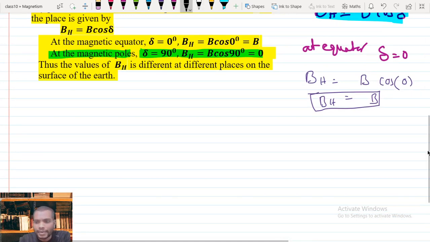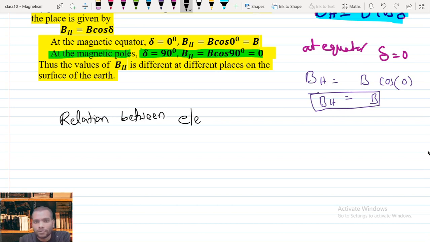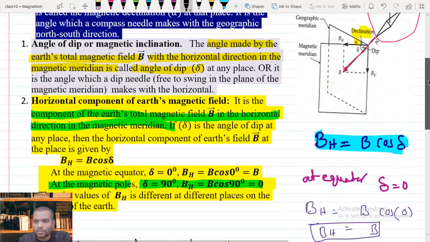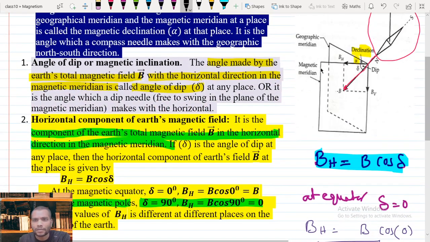Suppose I write the relation between the elements of the Earth's magnetic field. This is a very small relation, and to relate it you need this figure.